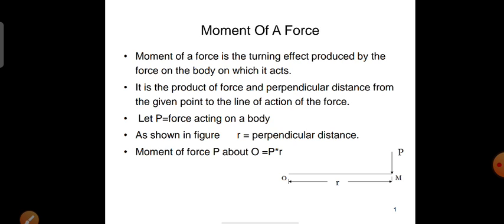Due to that force, the body will experience a turning effect. Because of the application of that force, if it turns, then the moment of force can be defined as the turning effect produced by the force on the body.